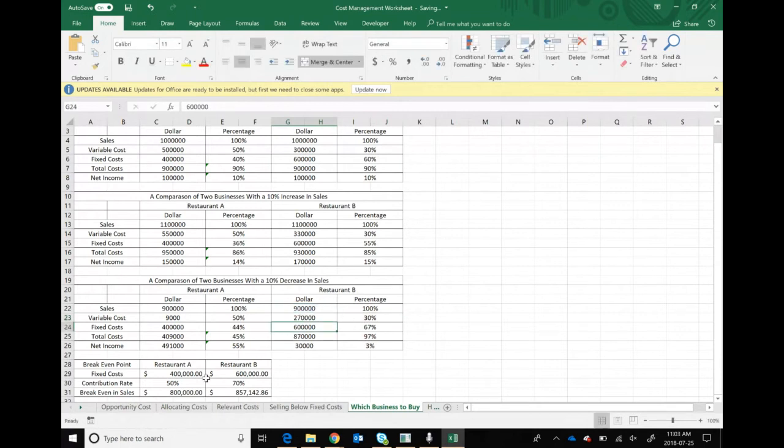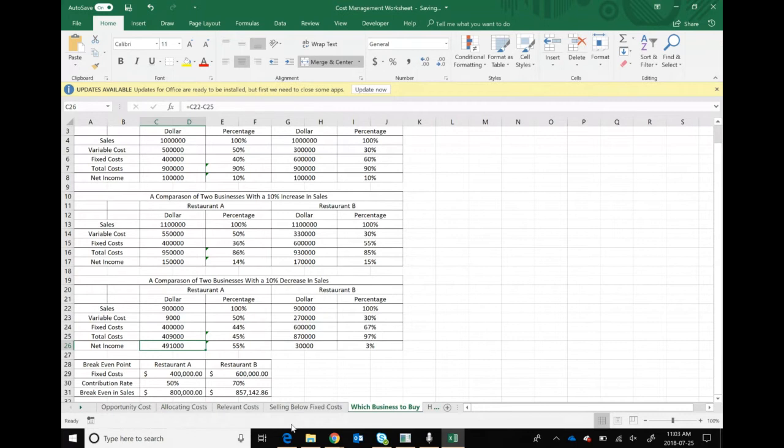You'll notice that during times of sales declines, the restaurant that has higher variable cost has the higher net income. That's because your fixed cost is staying the same. However, your variable cost, the biggest chunk of your cost structure, is variable based on sales volume.